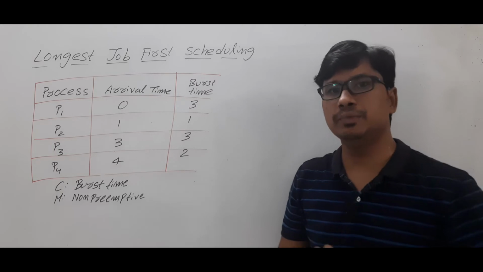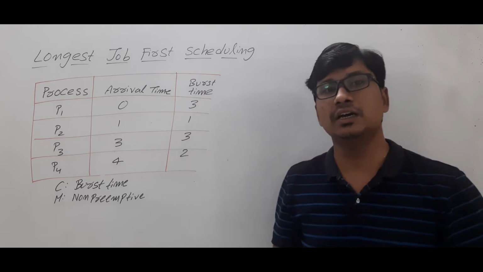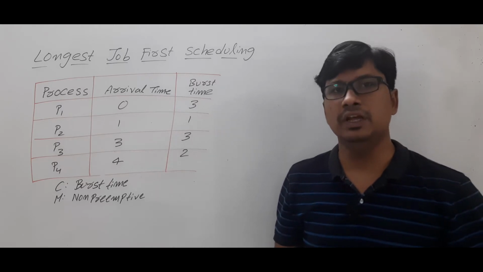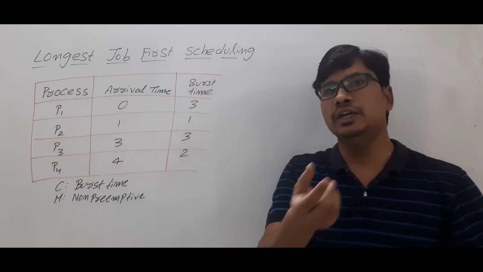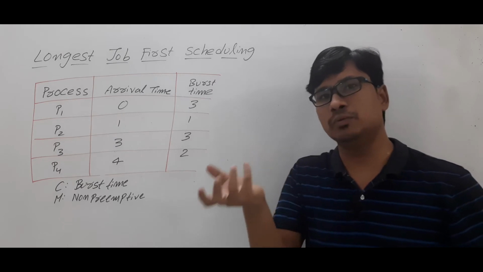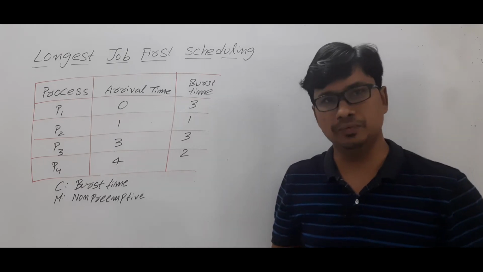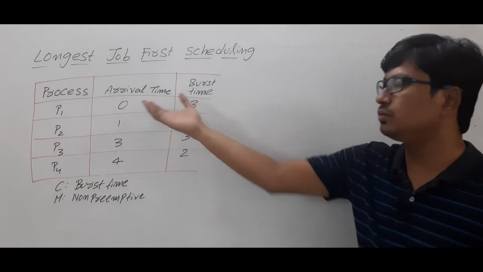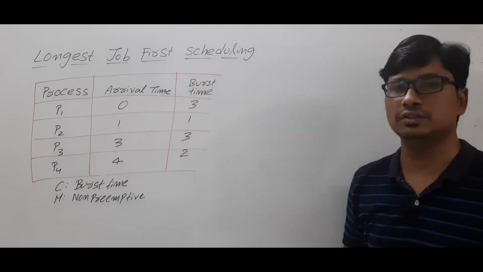Whereas in the preemptive scheduling algorithms, one example is round robin scheduling algorithm, which considers the time quantum. Even if the process needs a long CPU burst time, it will be executed only for a specified time quantum. Once the time quantum expires, the process will be sent to the ready queue. Is it clear? So with this knowledge, let me solve this example using the longest job first scheduling algorithm.